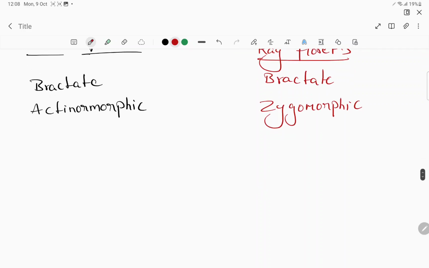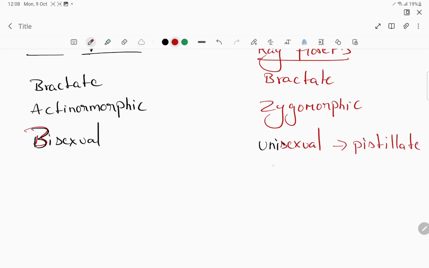The disc floret is bisexual, and the ray floret is unisexual, that too pistillate, or neuter, we call it neuter: no floral parts, no sex organs.